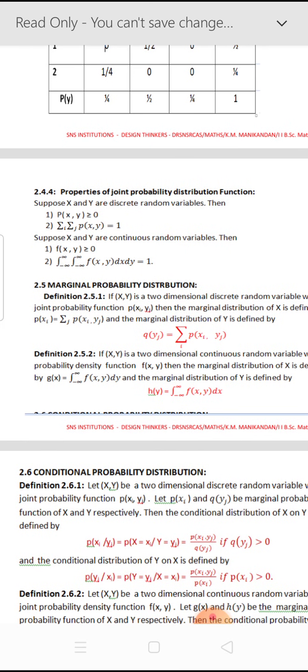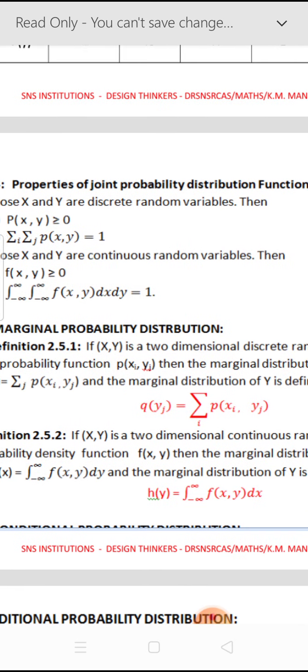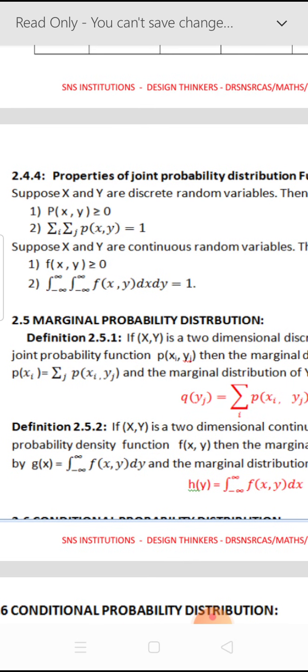Next we discuss the properties of the joint probability distribution function. Suppose X and Y are discrete random variables, then: one, the probability p(x, y) must be greater than or equal to 0; two, the summation over i, summation over j, of p(x, y) must equal 1.